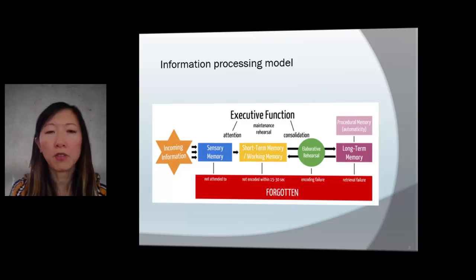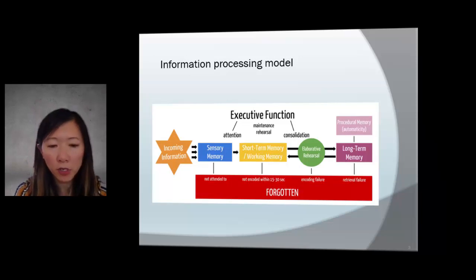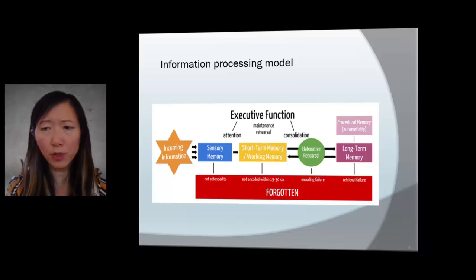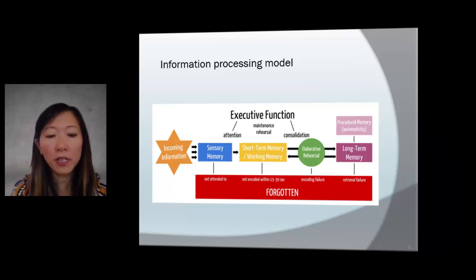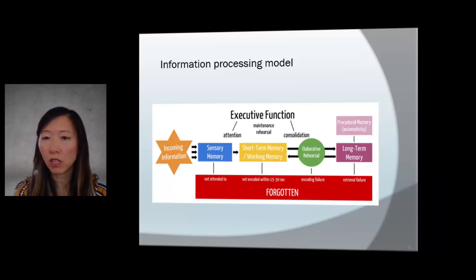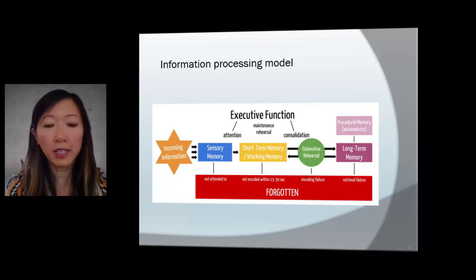So just a little bit about the information processing model. I'm sure that you are familiar with this, but I just want to briefly talk about it. Our sensory memory intakes the information through all our senses: seeing, hearing, smelling, tasting, touching.